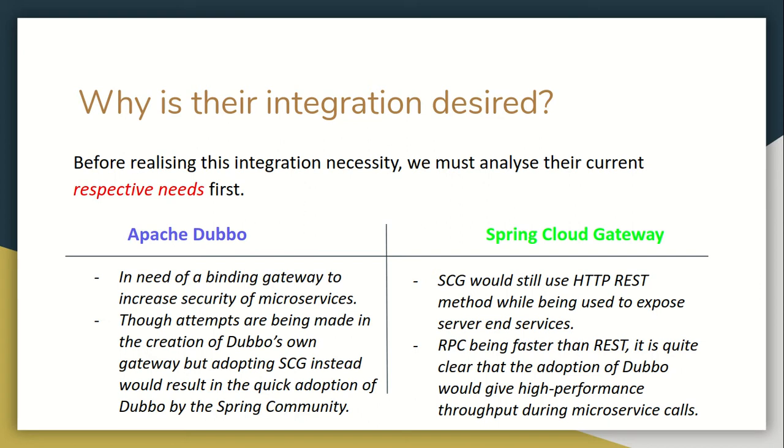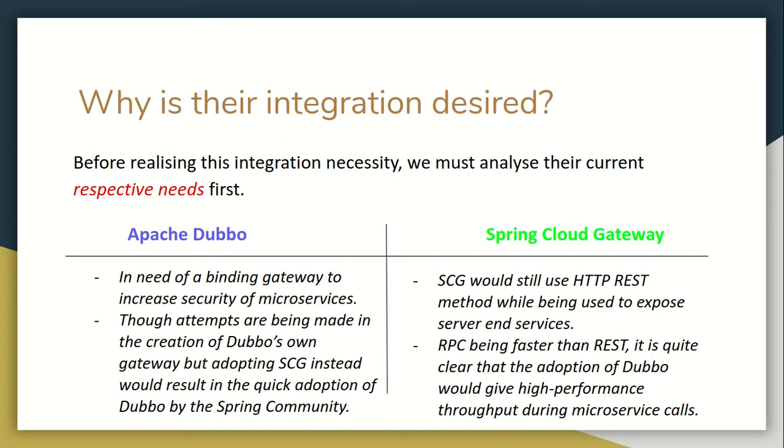So as a remedy, what we need is a binding gateway which can ensure the security of these service calls, and that the user or the call is authenticated and properly authorized before the service call. So by embracing Spring Cloud Gateway, Dubbo will have a binding gateway which can provide further security measures to Dubbo services.